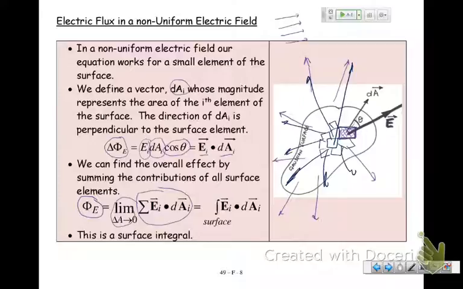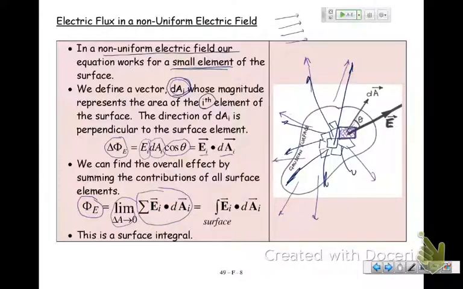So I say in a non-uniform electric field, our equation works for small elements, just little pieces of card. We define the little area vector dA, whose magnitude represents the area of the ith element, that means just one out of i element surfaces.